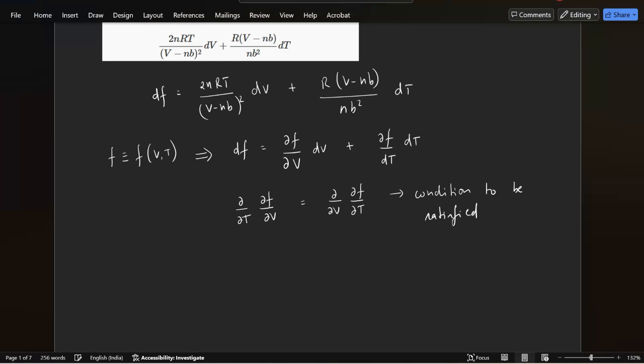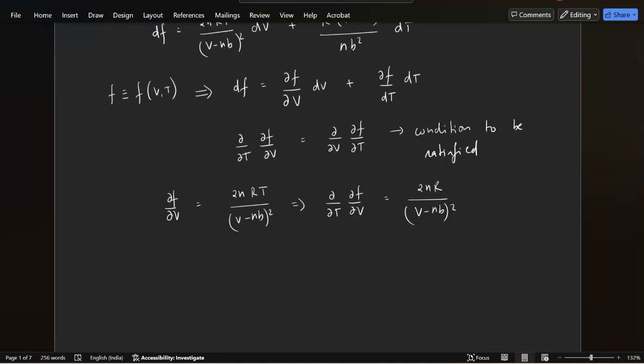So now, first, what is our del f by del v? That is 2nRT by (v minus nb) whole square. Which implies del by del t of del f by del v is equal to just 2nR, so the t goes because of differentiation. So this is the value here.